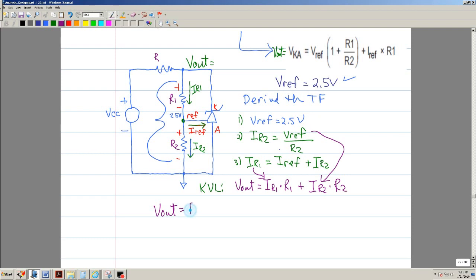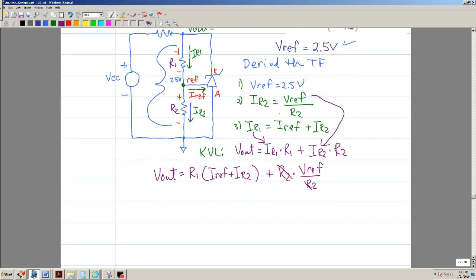Okay, so I'll bring the R1 first. IREF, IR2, and then I'll say R2 is equal to Vref R2. Okay, now there's another substitution that we can do.